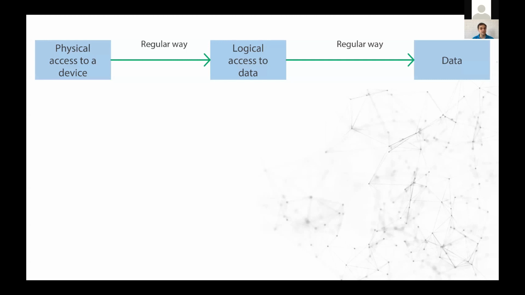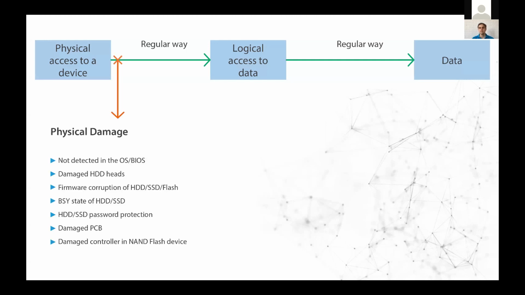But in case our storage device is damaged, there might be additional problems. If we have physical damage, for example, our drive is not detectable in BIOS or in the operating system, if we have a problem with damaged heads, a firmware corruption, a busy state, a password protection or a damaged PCB, no matter whether it is a hard disk drive or SSD, we can't get access to the logical part of the data located on our storage device.